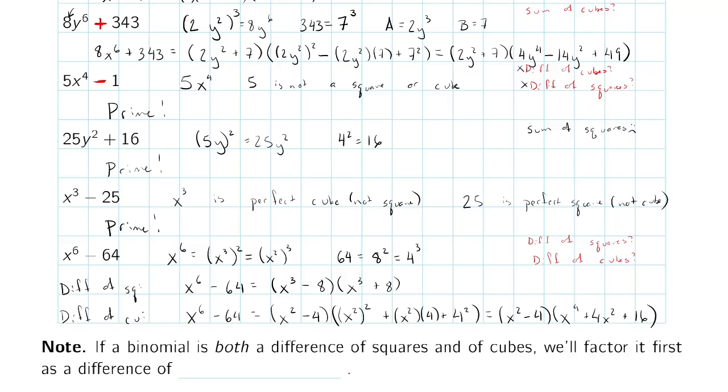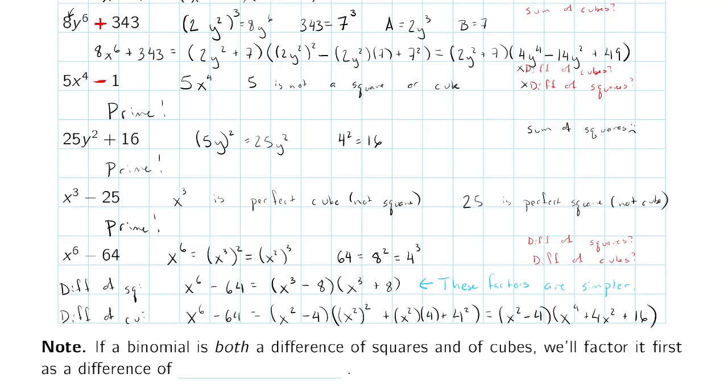Which one should I use? Well, it's going to turn out that we can continue factoring. And as we continue factoring, just like finding a prime factorization of numbers, we'll end up in the same place on either route. But notice that these factors are simpler, right? They're just two binomials.